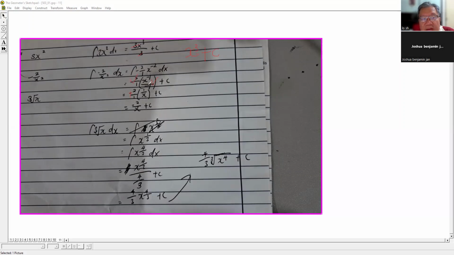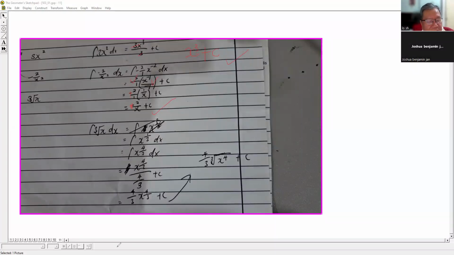When you integrate, there is also another negative sign, right? So the negative and negative become positive. So it is actually positive 2 over x plus c. This is correct, right? This is also very good.